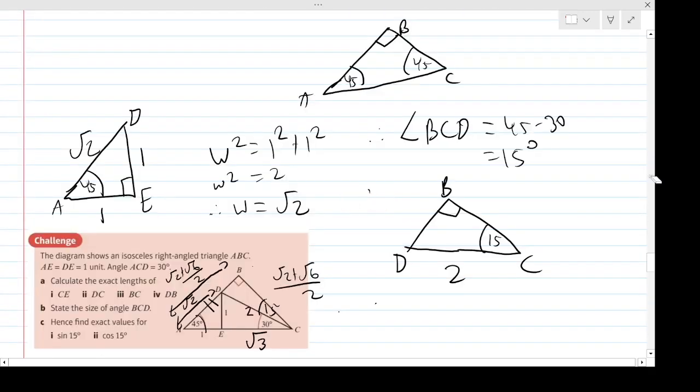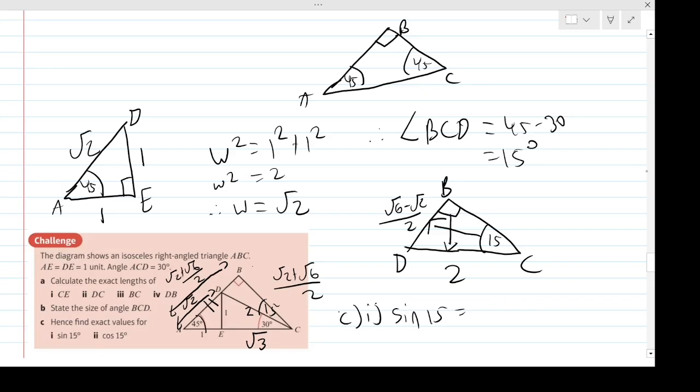So if I do that here, there we are. Firstly, we need to find sine of 15. Well, we can use SOHCAHTOA, because we've got a right angle triangle, right? The angle 15 is opposite this length, and 2 is the hypotenuse, obviously, because it's opposite the right angle.